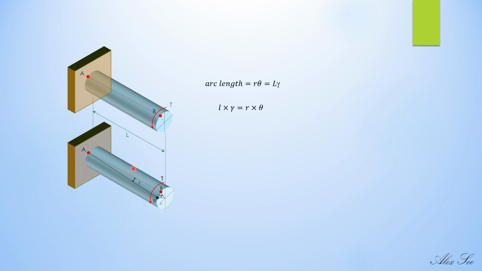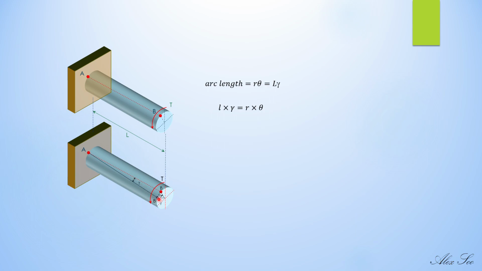So the arc length can be written either as r theta, that means this radius times this angle, or you can take the length L times the angle gamma. Because we know this arc length is directly proportional to this angle theta or this angle gamma.